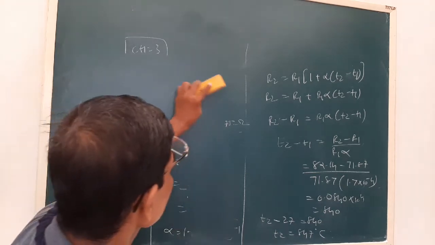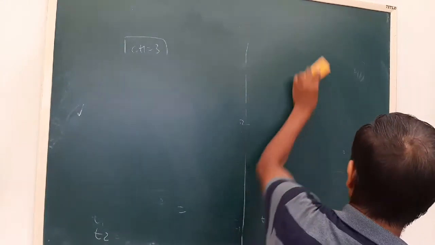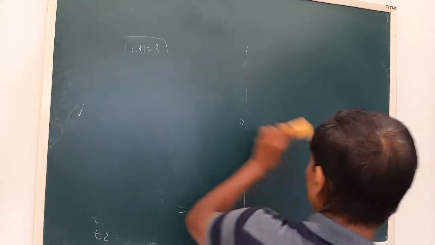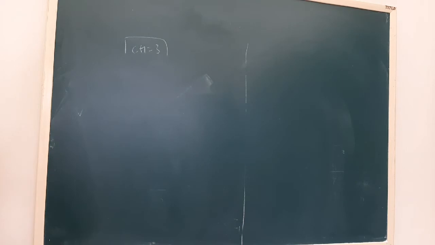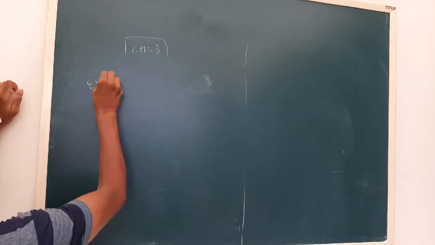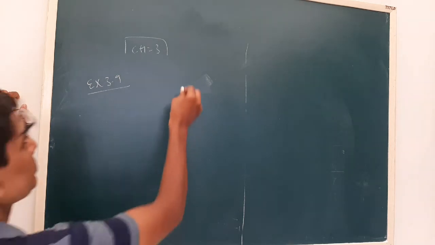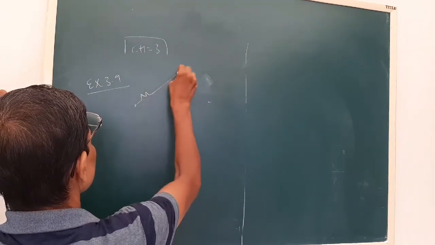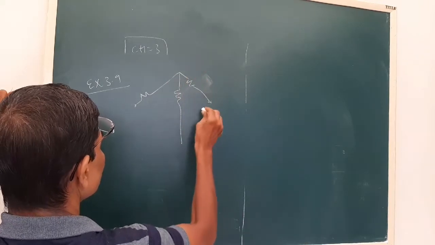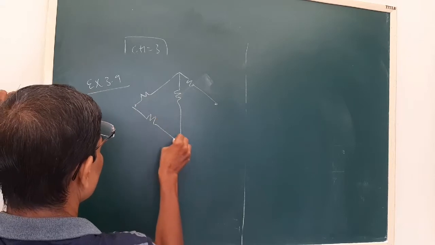Now next is exercise sum number 3.9, an important one. It can be asked in a 4-mark question also. Now here is a Wheatstone bridge type of network.